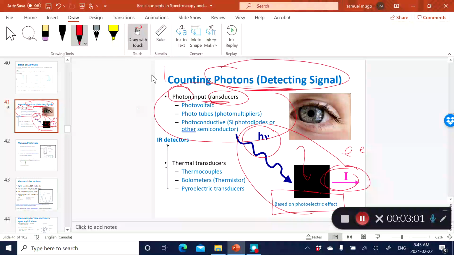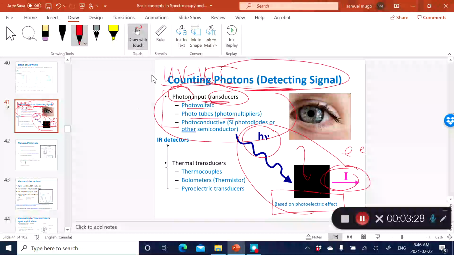Now, for the UV spectrometers, you would see these are the most common types of transducers. One of them is a photovoltaic, which is not very different from the solar panel, the solar cells. Then there are the phototubes, which we're going to talk about, again totally based on the photoelectric effect.